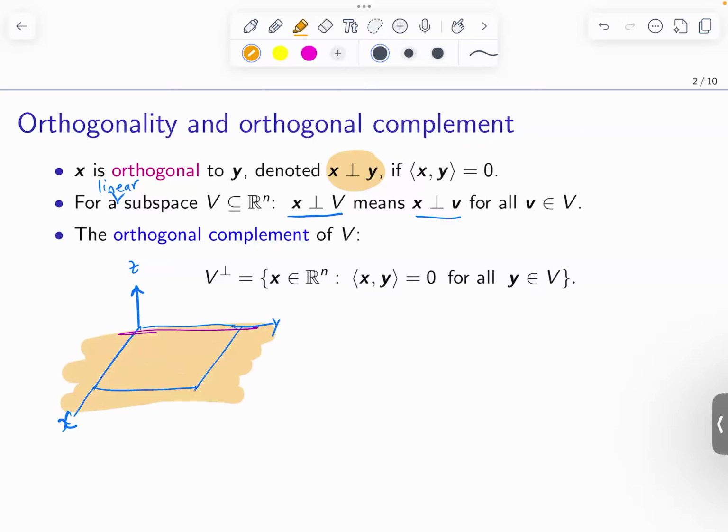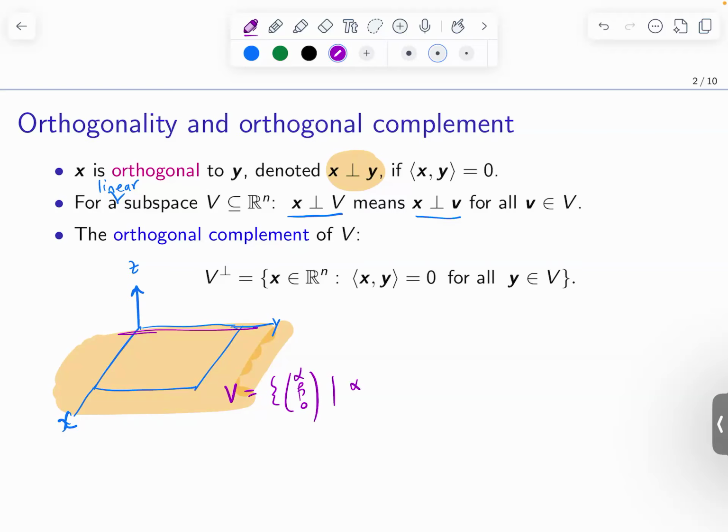This is a plane, so this is a subspace. So V is the set of all vectors, let's say (alpha, beta, 0), such that alpha and beta are in R. So this is the xy plane in R^3. So this is a subspace of R^3. Can you give me an example of a vector which is orthogonal?